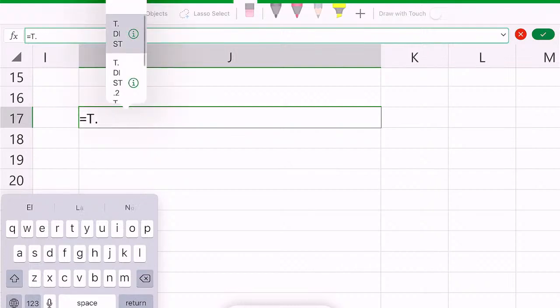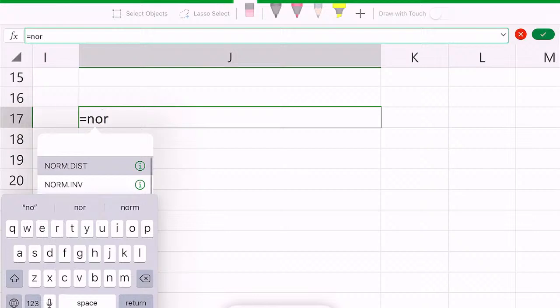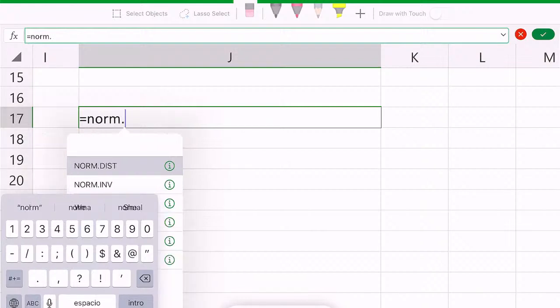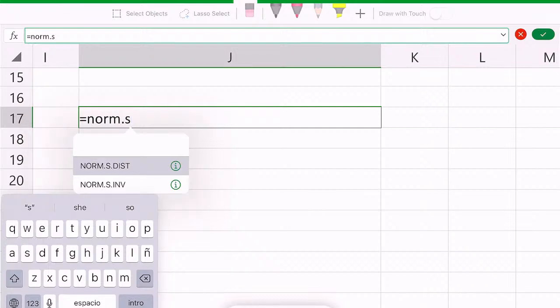All right, so what you do is you want to use the standard normal. So you use an equal sign and you put normal distribution, but you want the standard normal, so you have to put dot S. I don't know if you've ever used this before, but it's very useful.